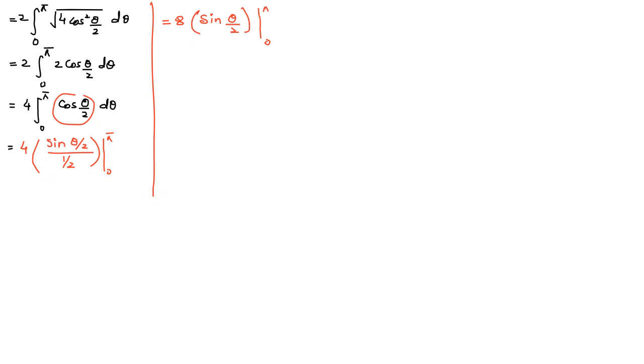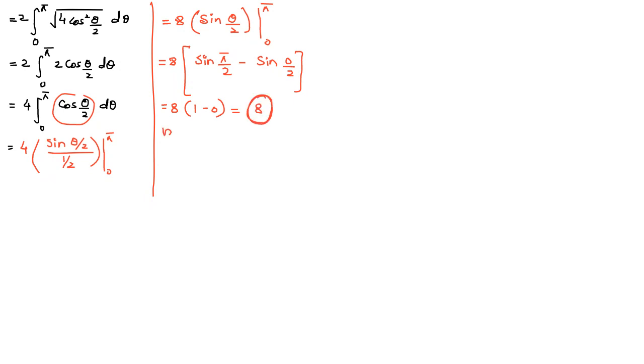You have to put 0 and you have to put pi. First put the upper limit: sine of pi by 2, minus the lower limit, 0 by 2. Sine of pi by 2 means 1, and sine of 0 is equal to 0. So 8 multiplied by 1 is equal to 8.